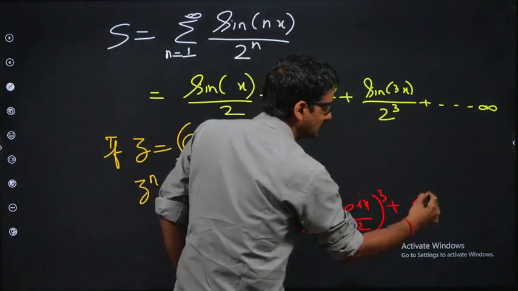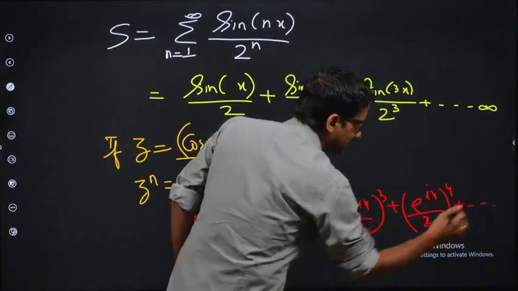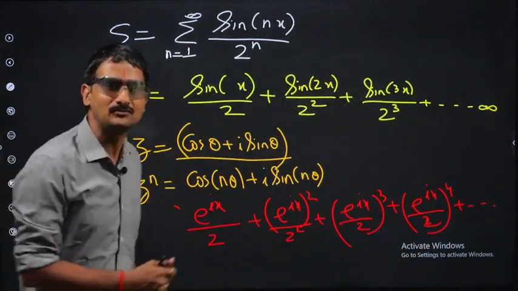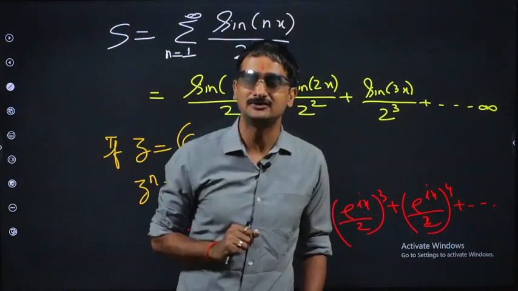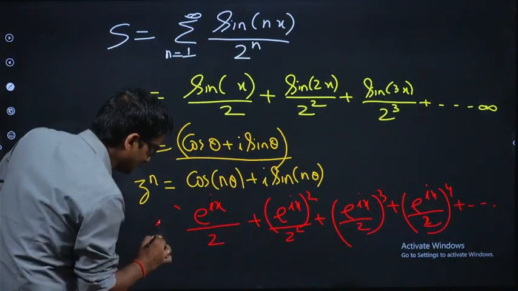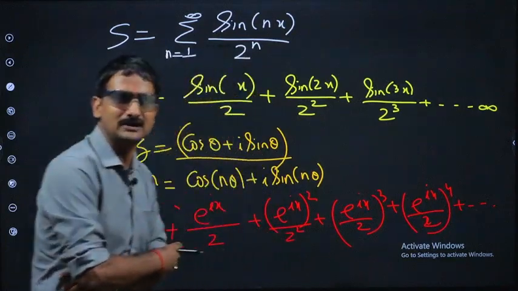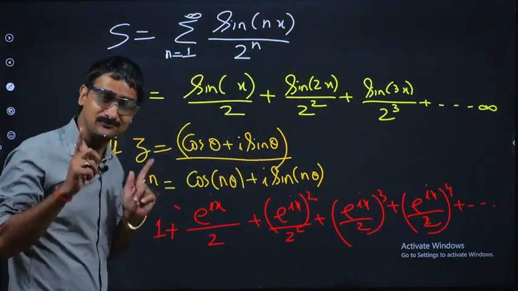Can't we write this? E raised to the power iota x upon 2 whole raised to the power 4. So now that's an infinite GP with the common ratio e raised to the power iota x by 2. And what's wrong if I consider 1 here, with the first term as 1?